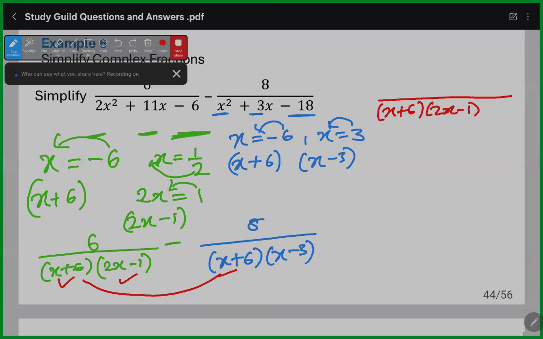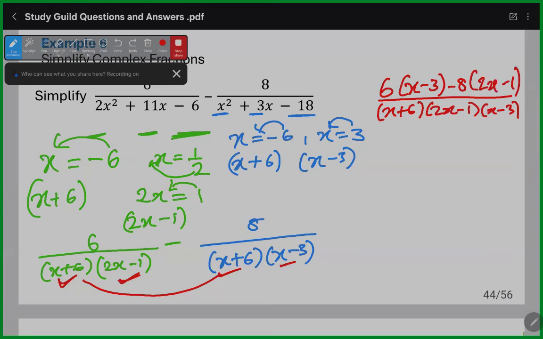So now I have x minus 3. So here for the numerator, I'll now put my 6. I have x plus 6, 2x minus 1, but I don't have x minus 3. So I'll have x minus 3. Then minus 8. Okay, so when we go to minus 8, we have x plus 6, x minus 3, but we don't have 2x minus 1. So I write 2x minus 1.